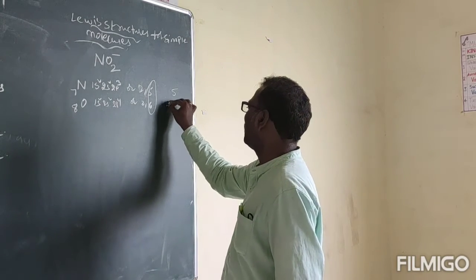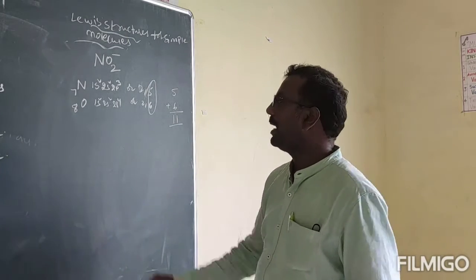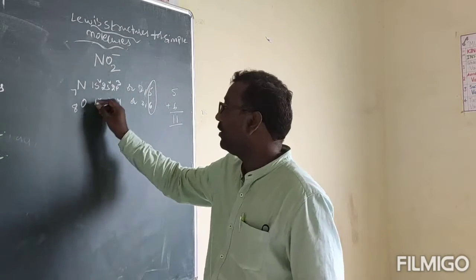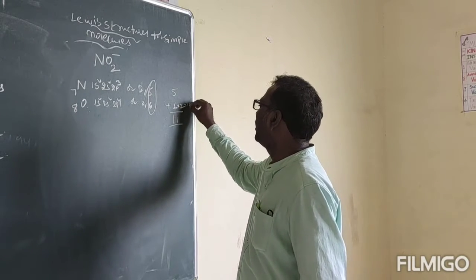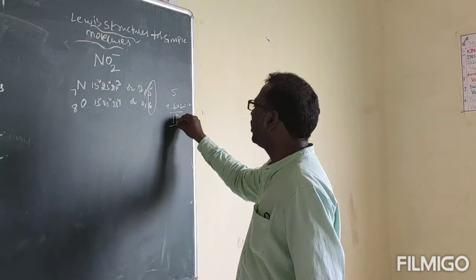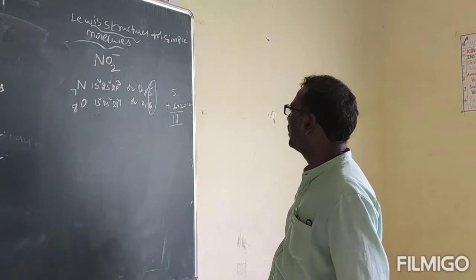So total how many? 5 plus 6, total 17 electrons are there. Correct?